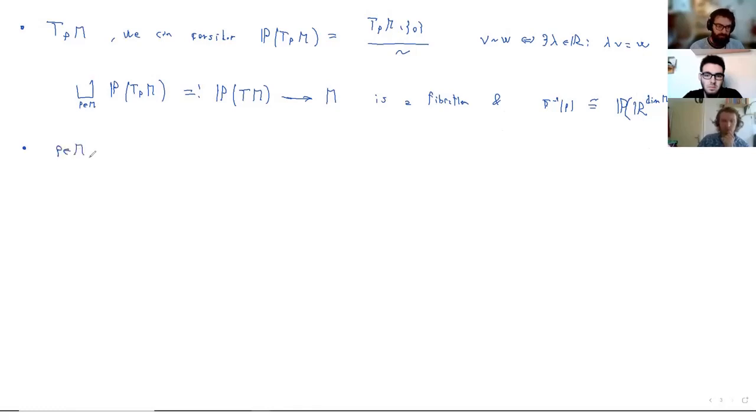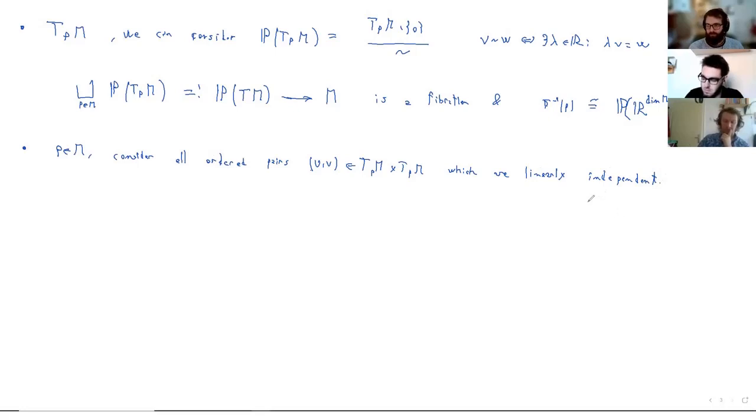So if we take p in M and consider all ordered pairs u, v in T_pM times T_pM, which are linearly independent, and denote it by F, which stands for frame, of T_pM.